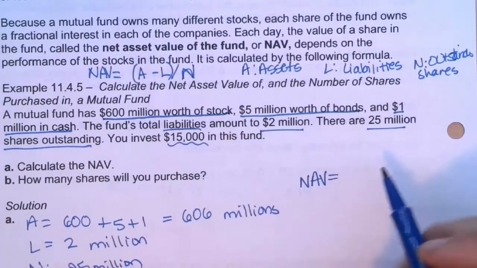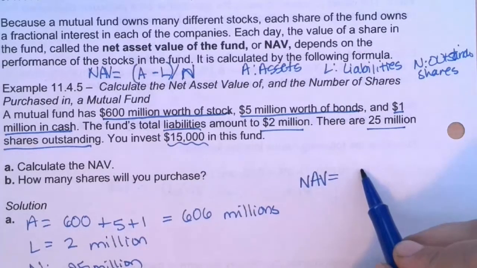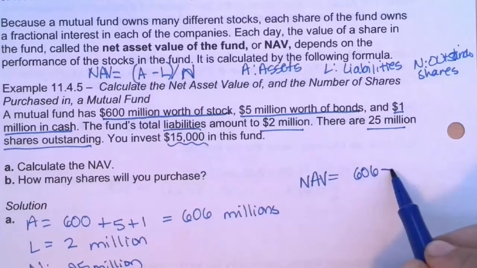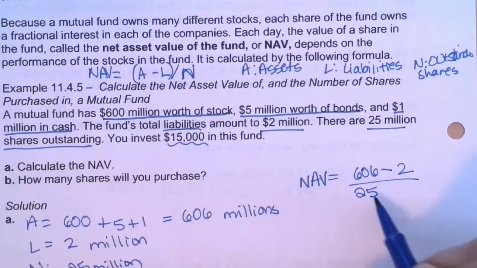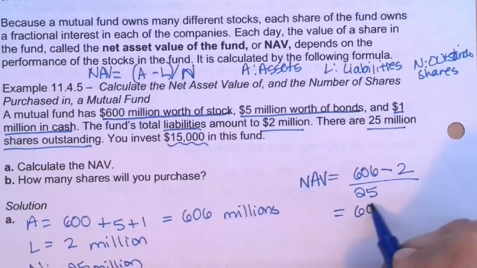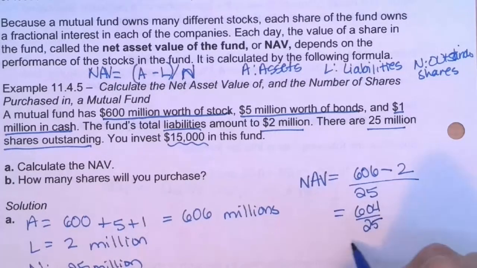So our net asset value is going to be our assets, 606, minus the liabilities, 2, over the number of shares, 25. And when we calculate that, we get 604 divided by 25, or 24.16 would be the net asset value of the fund, $24.16.